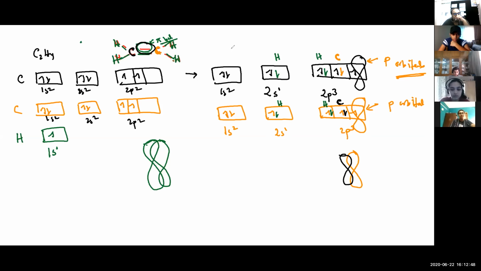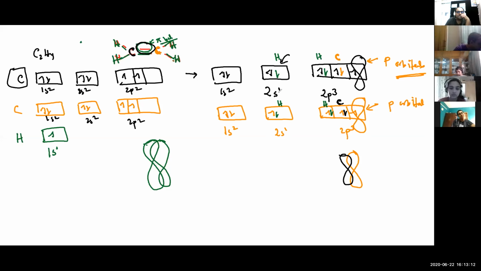Yes, sir. So this carbon has how many s involved? One, 1s. We take one carbon, okay?